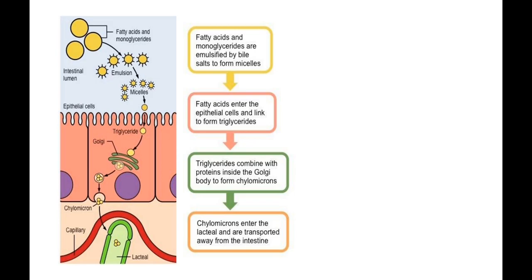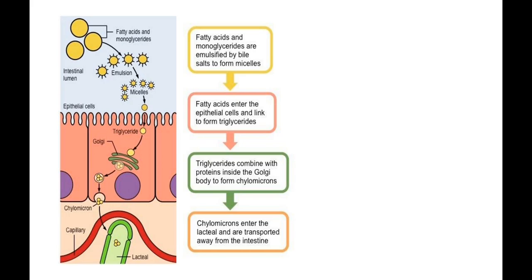Okay, then of course fat, fatty acids and monoglycerides can also be consumed in our body as energy. It is actually a healthier way to produce energy, but it is a little bit more complicated.